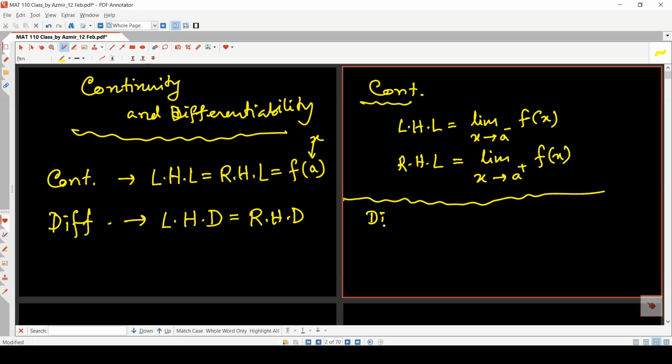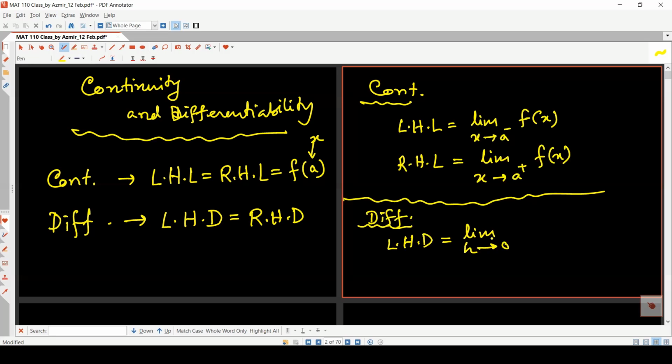So for differentiability, we also have left-hand derivative and right-hand derivative. For left-hand derivative, we have a limit, that is limit h tends to 0, f of a minus h minus f of a divided by minus h.